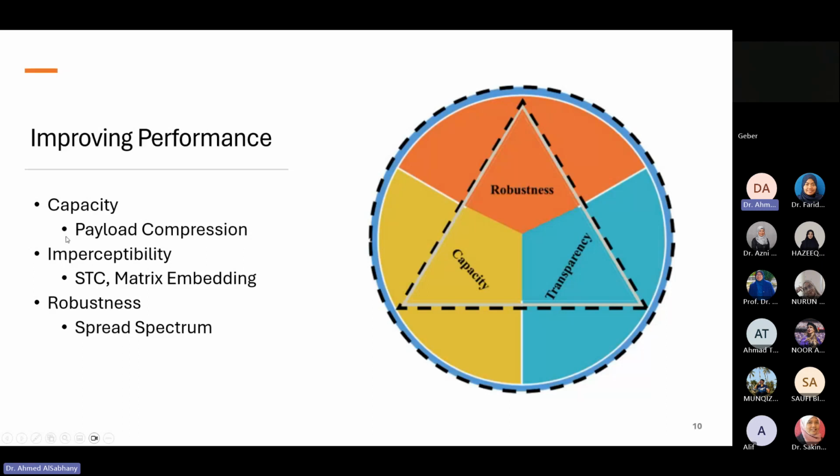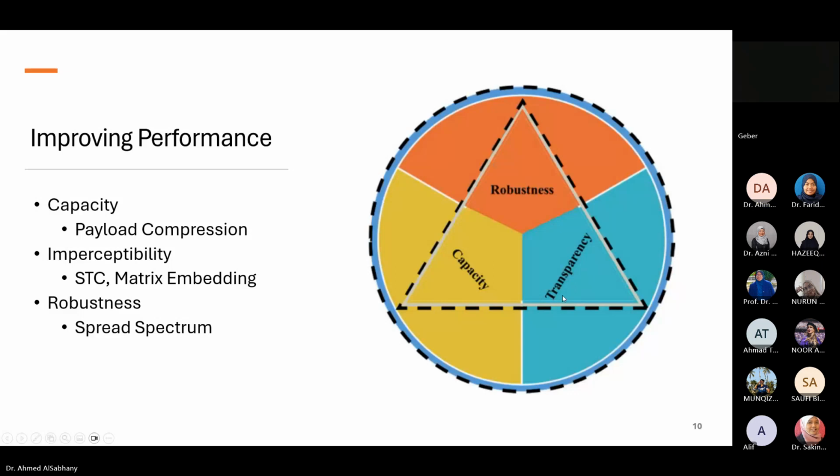So basically, if we are increasing the capacity, we are taking performance points out of the robustness and the transparency. And if we are increasing the imperceptibility, by the way, transparency and imperceptibility are the same concept.